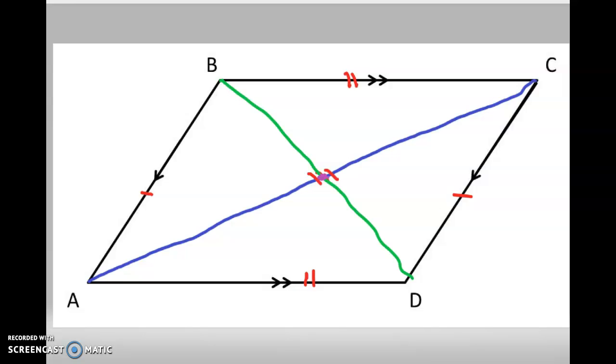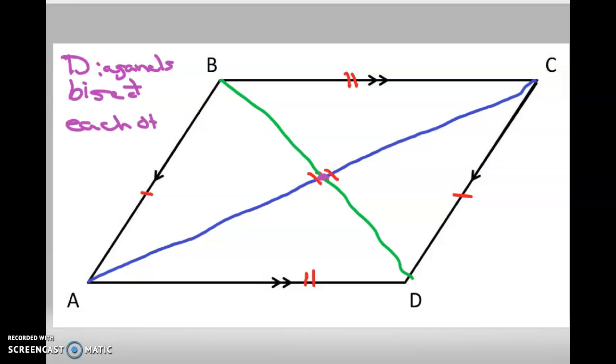Where they intersect, that means that the diagonals are going to bisect each other. So I'm going to write that up here. Diagonals bisect each other.